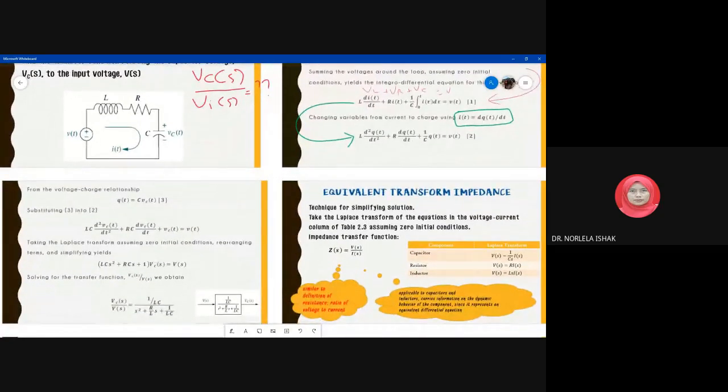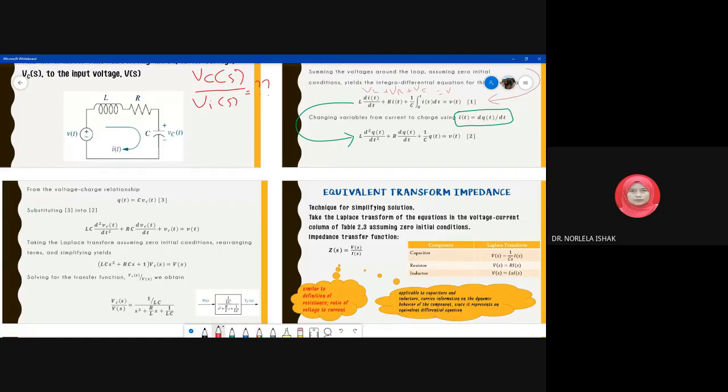Okay, now from equation 2, we show the voltage-charge relationship from equation 3.